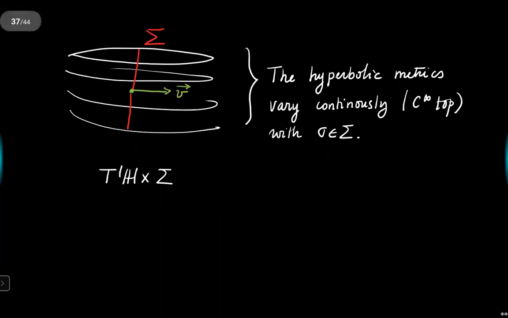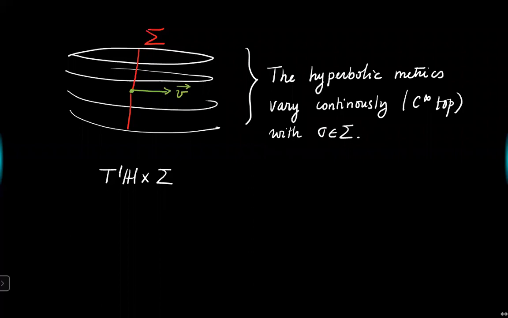So this is the covering tube, and the hyperbolic metrics vary continuously here. I've drawn in red the transverse section sigma, and I have my point V, which is an initial condition for a foliated geodesic.